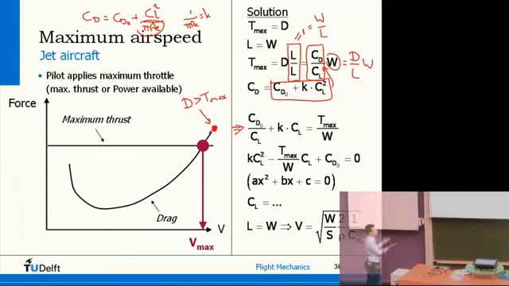The other solution is probably where this curve intersects there. And that would not be the minimum airspeed, because it might actually be below the minimum airspeed, but that's also a mathematical solution.